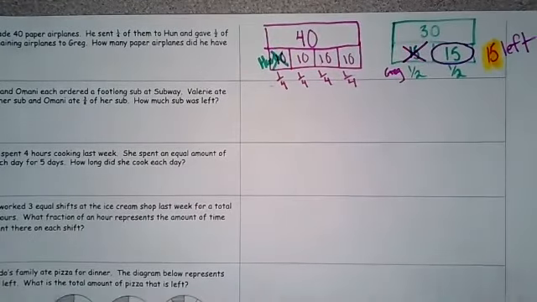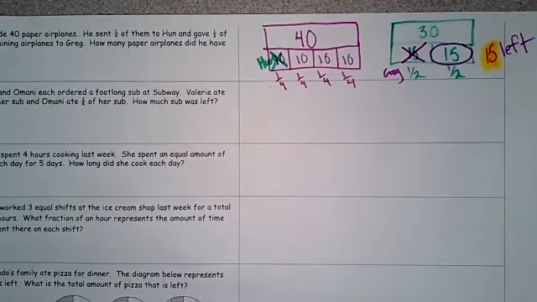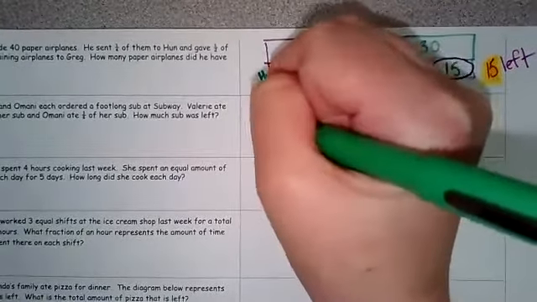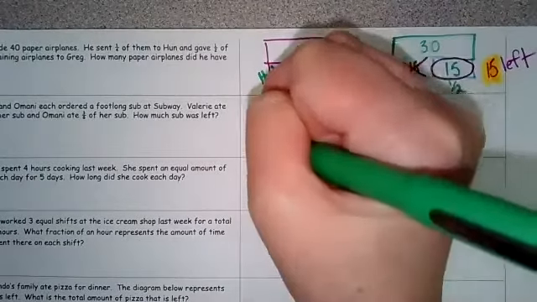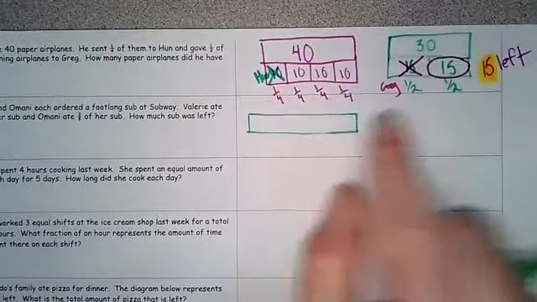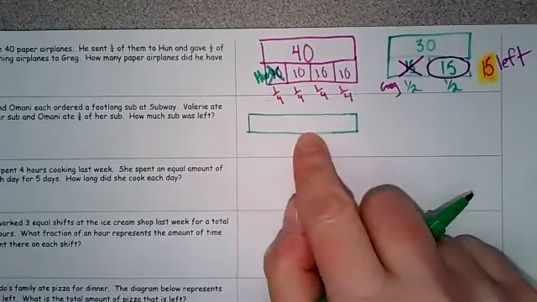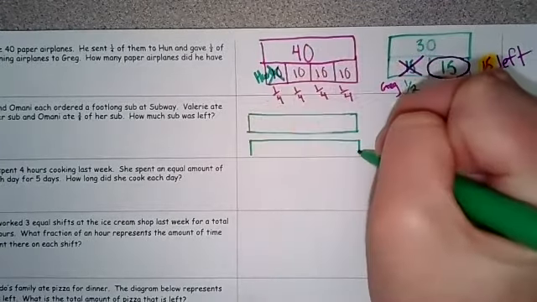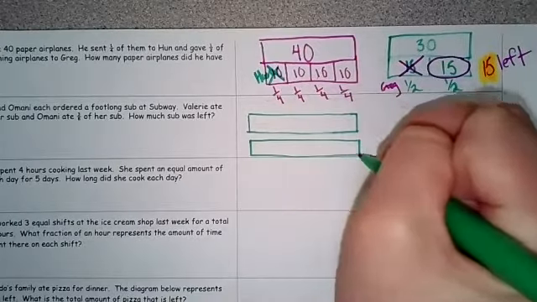All right, Valerie and Amani each ordered a foot-long sub at Subway. Valerie ate 2/8 of her sub and Amani ate 3/8 of her sub. How much was left? All right, I tell my kids all the time, just draw them, okay? Make them like pizzas. But remember, in 5th grade, we make rectangular pizzas because they work on graph paper instead of circular pizzas.